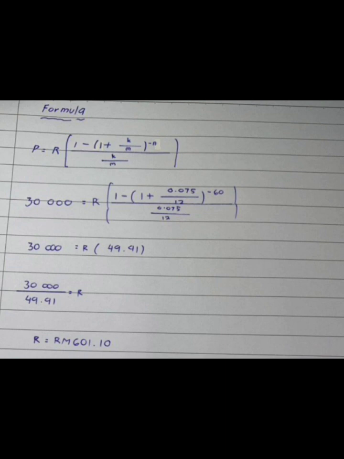principal divided by 49.91 equal to R. R is equal to RM 601.10.